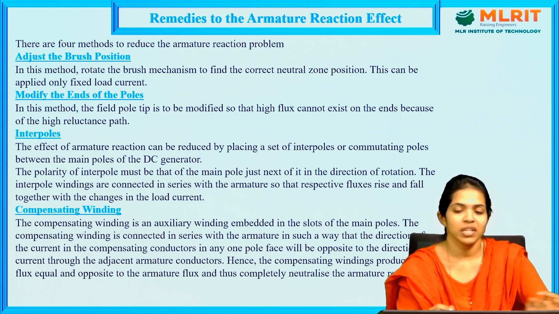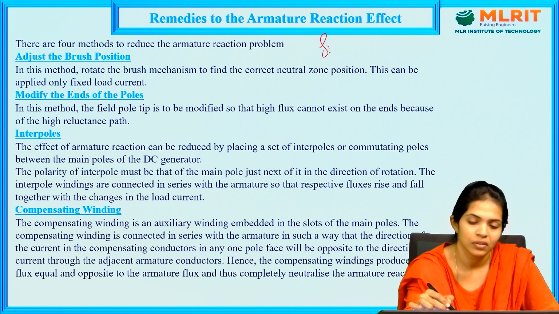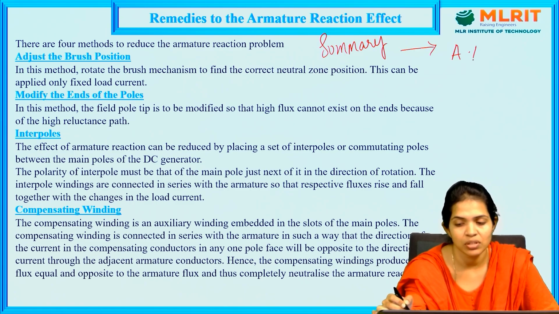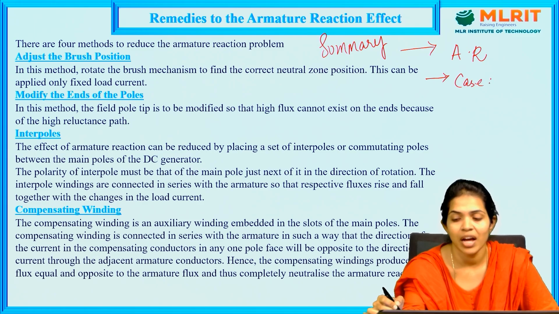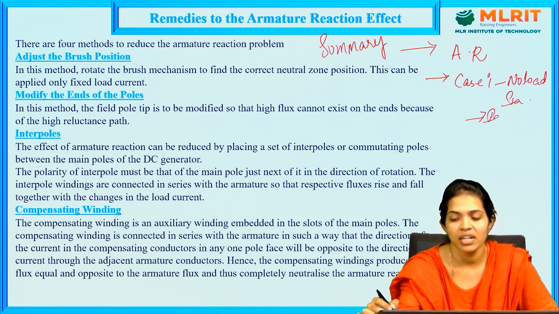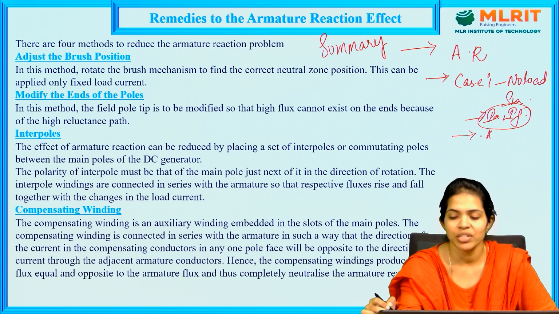Coming to the summary of today's lecture, we have seen what armature reaction is, and we have analyzed the three cases of armature reaction: under no load, when we only have armature current, and when we have both armature current and field current, and how the distortion of flux occurs in this case, and what the adverse effects of armature reaction are.